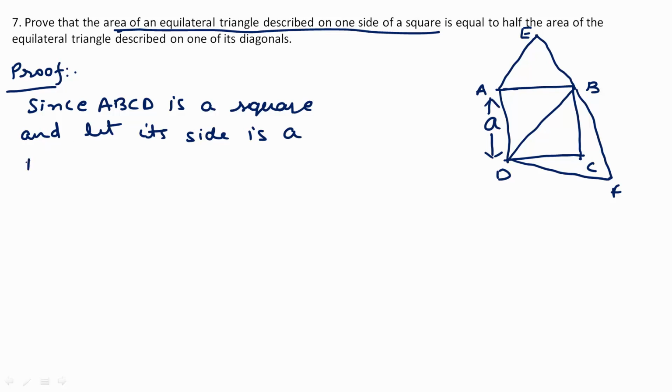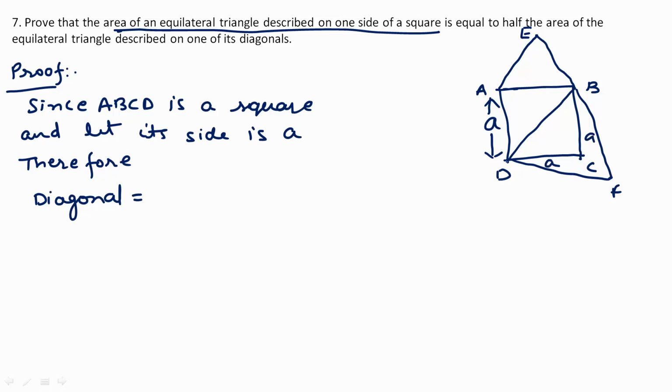Therefore, the diagonal is equal to... if this side is A, then this side is also A, and this side is also A.